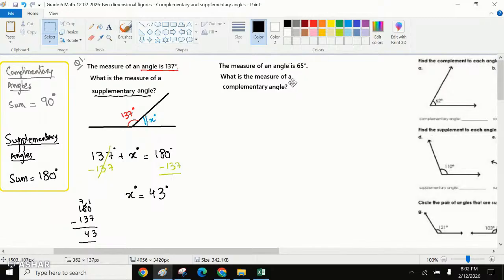Let's do these. For question number 2, I would again try to draw the diagram, but since it says complementary, that means it has to be a right angle. The sum of the angles cannot exceed 90. Agreed?